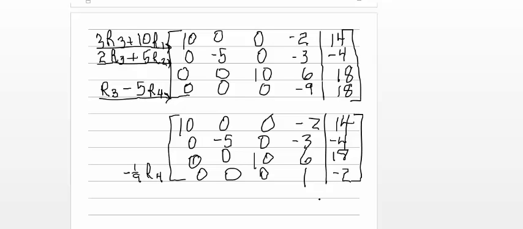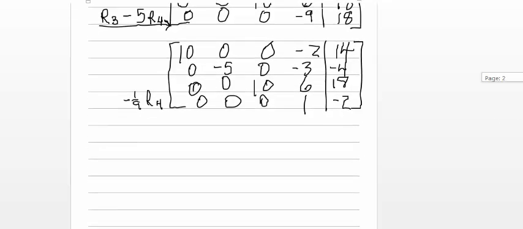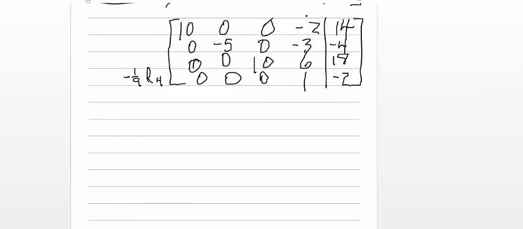That gives me a 1 in that row 4, column 4 position. And I only do that because it doesn't cause me to get a fraction in the row 4, column 5 position. Now I want to get my zeros in column 4 in rows 1, 2, and 3. So I'm going to do 2 times row 4 plus row 1.